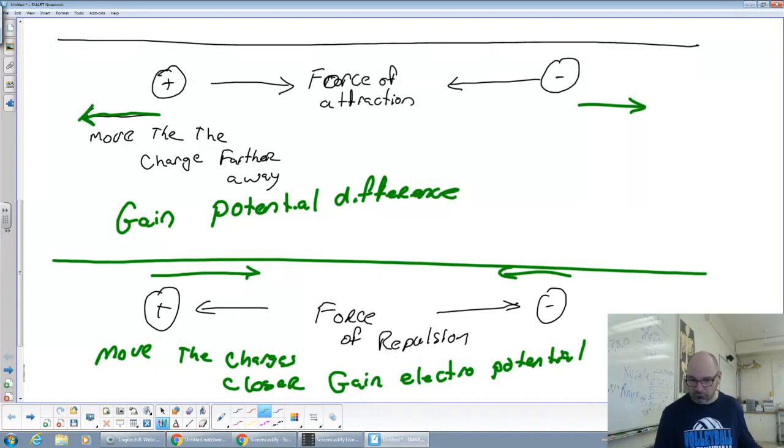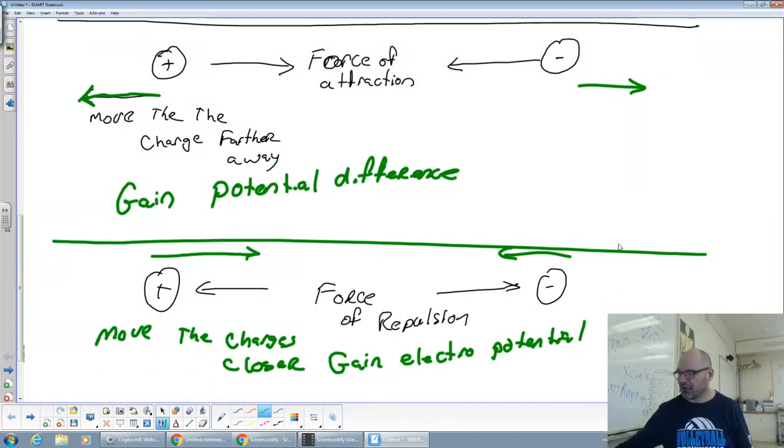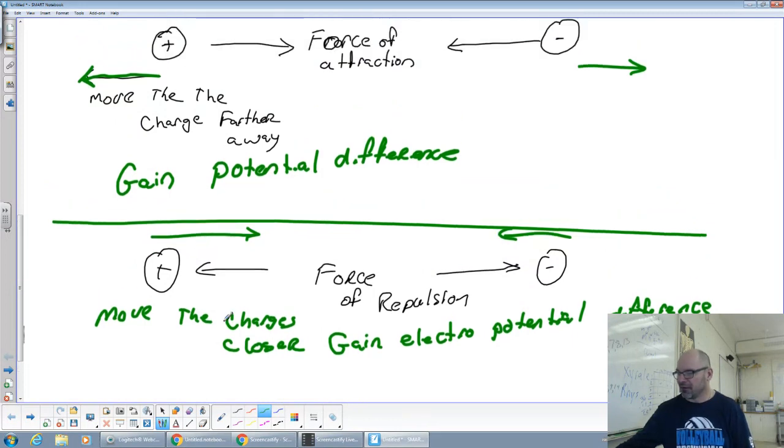Okay, so if we can summarize that, you're basically gaining electric potential difference. You're working against the force, and you're doing work to move that charge. If it doesn't take any energy to move the charge, you're not gaining electric potential difference.